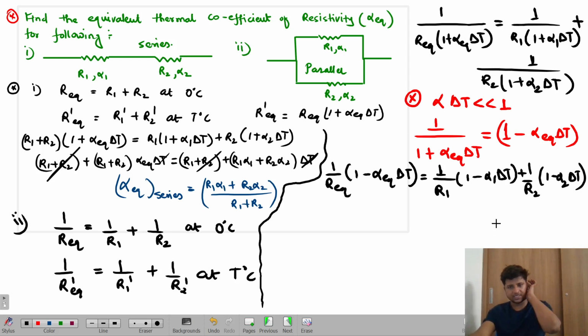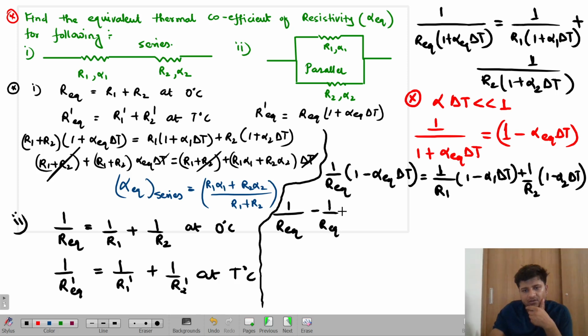Okay. So basically, what I can do? I can write this equation, that is 1 by R equivalent, I can write it as what? 1 by R equivalent minus 1 by R equivalent alpha equivalent delta T, isn't it?